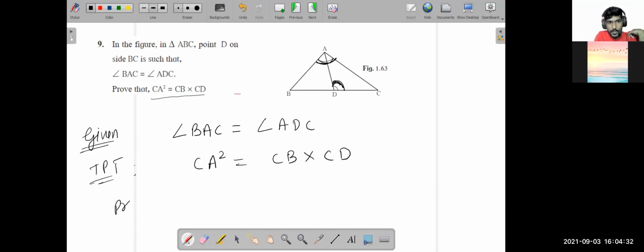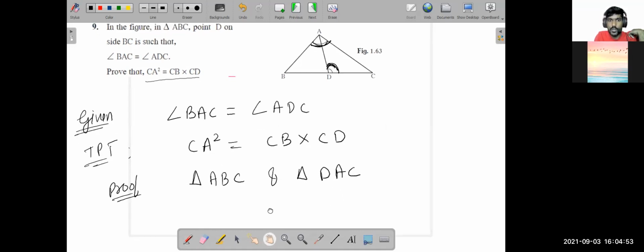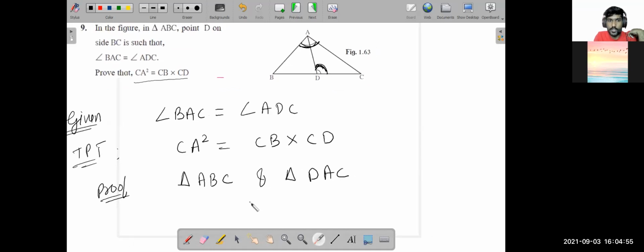Now, let's start with the proof. Look at the two triangles first: triangle ABC and triangle DAC.